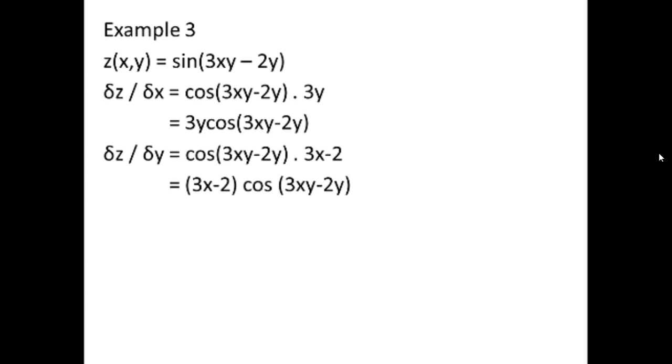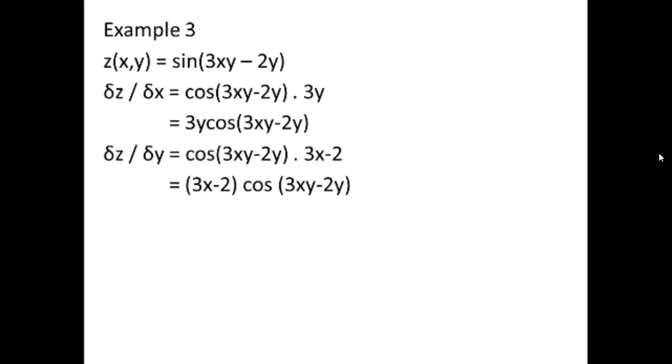And the equation of x is cos open bracket 3xy minus 2y close bracket multiplied by 3y. And delta z over delta x is 3y cos open bracket 3xy minus 2y close bracket. And the equation of y is cos open bracket 3xy minus 2y close bracket multiplied by 3x minus 2.